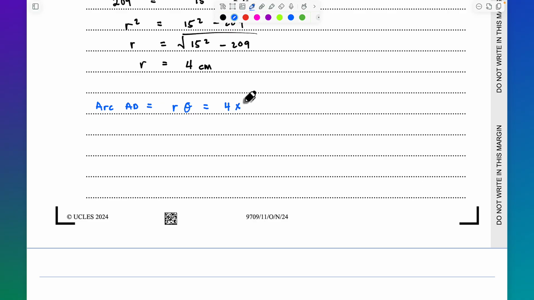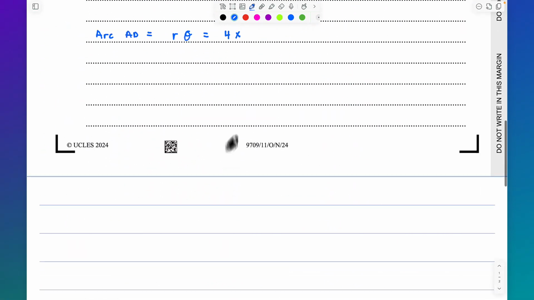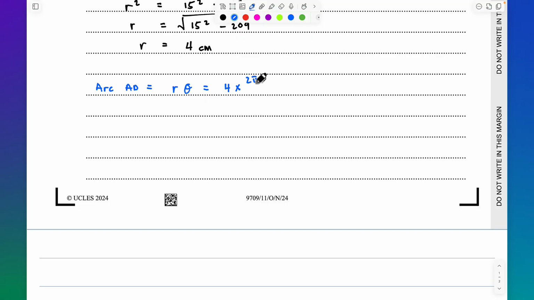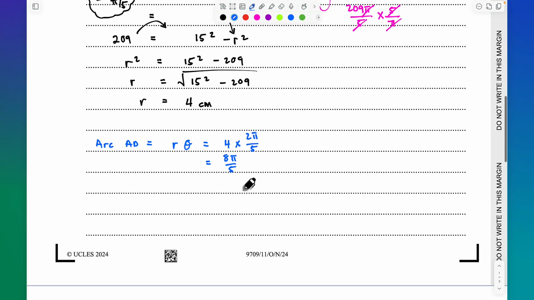It's 4. You multiply it by the theta. The theta is going to be 2 pi over 5. So your answer is going to be 8 pi over 5. Because remember, you don't want to round off because they said in terms of pi. So we're going to write all our answers in terms of pi.